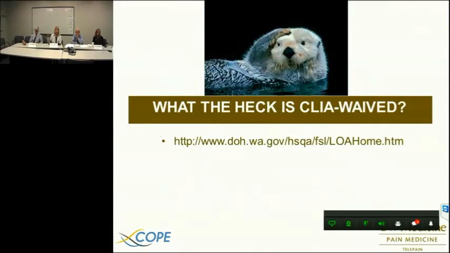So what is CLIA waived? CLIA is the Clinical Laboratory Improvement Act. It allows us to do laboratory tests in an environment that is not a lab. So it does not have the requirements that most labs do. The requirement is that you teach your staff, which takes about 45 minutes, and that you have a place to do it, that you're consistent in what you do, and you recognize that this test is a preliminary test.